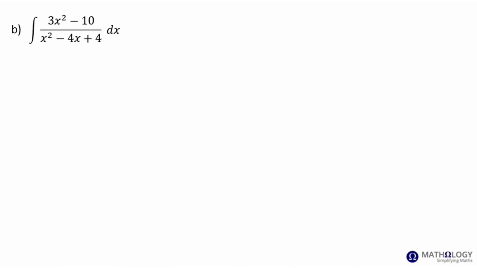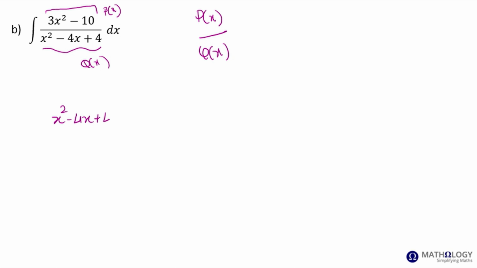So if we call 3x squared minus 10 p of x and x squared minus 4x plus 4 q of x, then we first need to divide p of x by q of x, get a remainder, and then we can use partial fractions. So that's the first thing we're going to do, divide these polynomials.